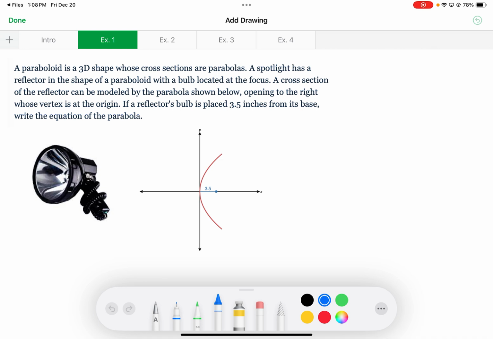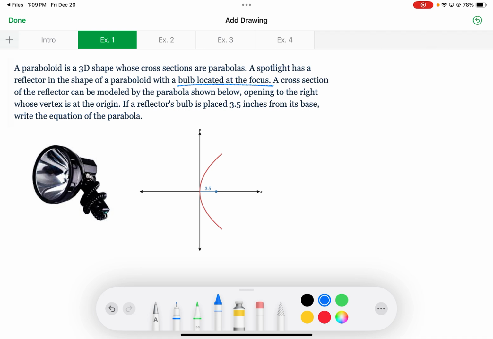It says the spotlight has a reflector in the shape of a paraboloid with a bulb located at the focus. Right there, that's key. Bulb located at the focus. We have a cross section of the reflector modeled by the parabola shown in the drawing.